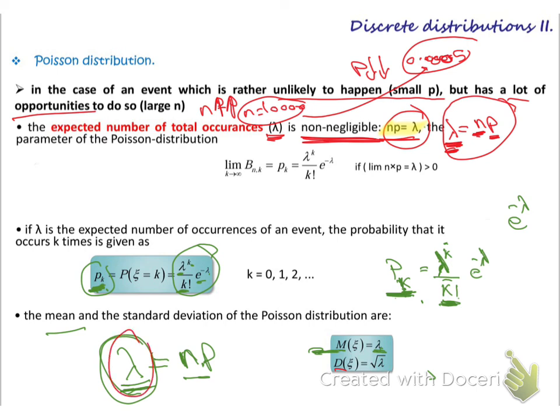I have only lambda. I'm not using p at all. I'm using np just one time to arrive at lambda, and that's it. Then I use lambda. So the standard deviation will be the square root of the mean. The mean equals lambda, the standard deviation is the square root of lambda, and that's it. I hope this is clear. This was the whole theory part of seminar number 4, and I wish you all the best.